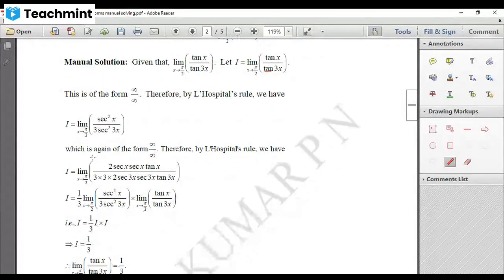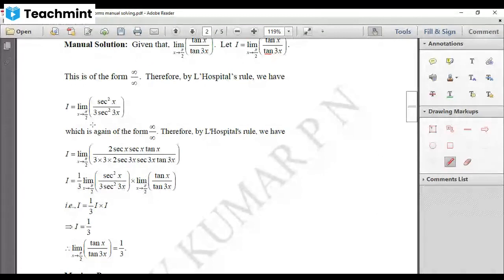So by L'Hopital's rule, derivative of secant square x is 2 into secant x into, forget power, derivative of secant x, which is secant x into tan x, whole divided by, keep this 3 as it is. Derivative of secant square 3x is 2 into secant 3x into derivative of secant 3x, which is secant 3x into tan 3x.